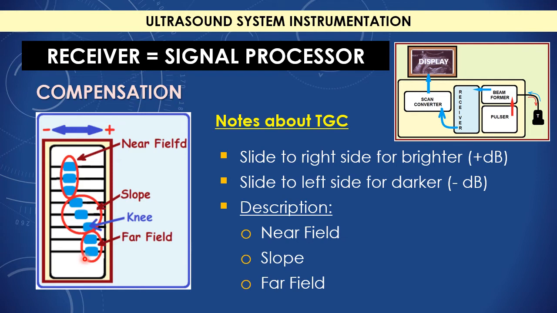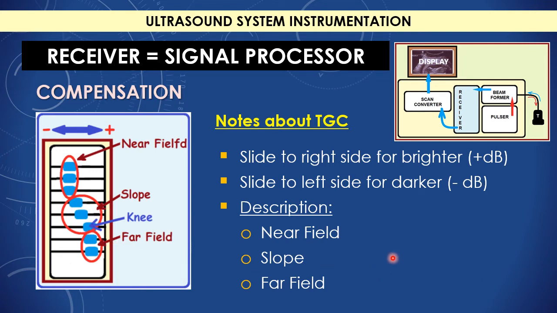And then the lower field or the far field brightness is controlled by the last few sliding bars. The midfield is called the slope because the TGCs are adjusted in a slope way. The last part of the slope is called the knee. You just need to know this, right?